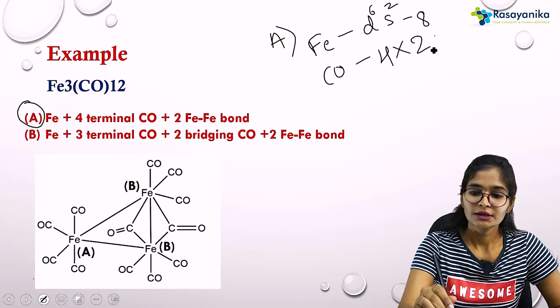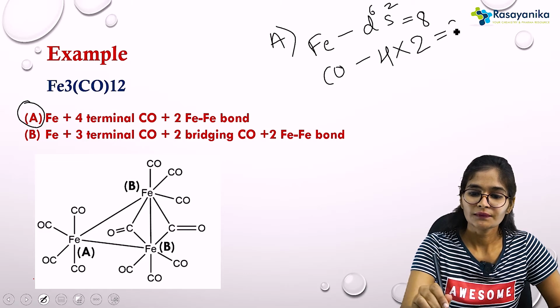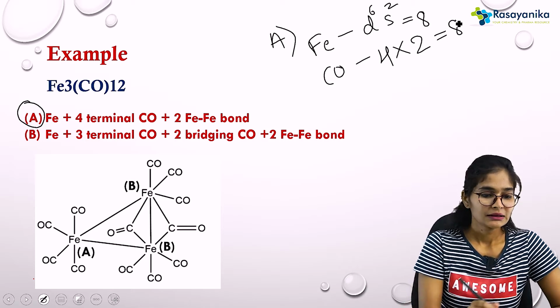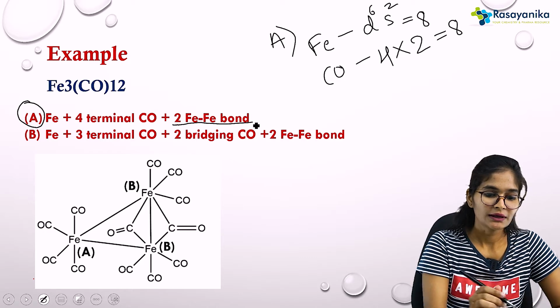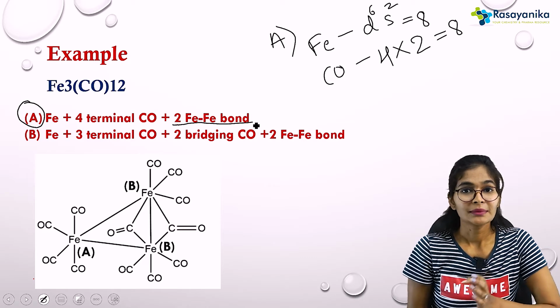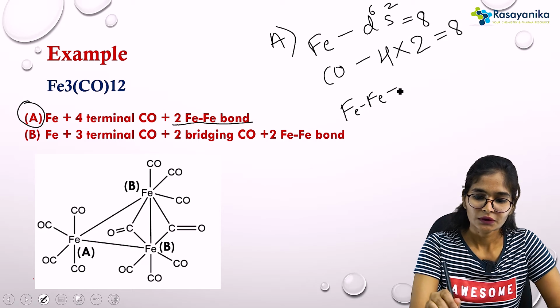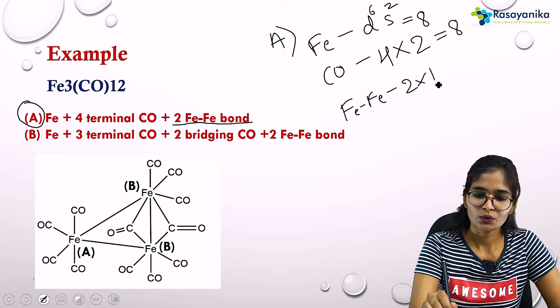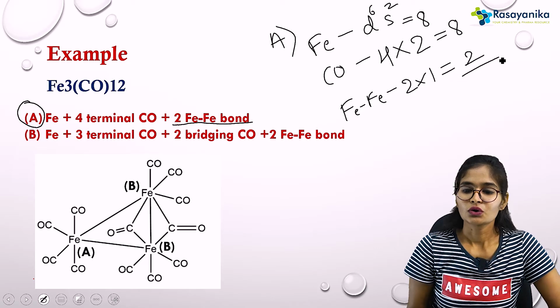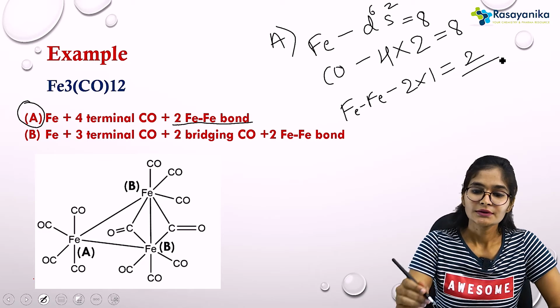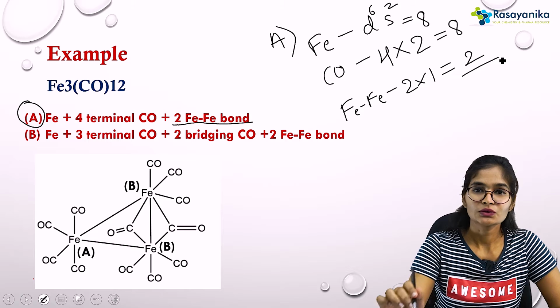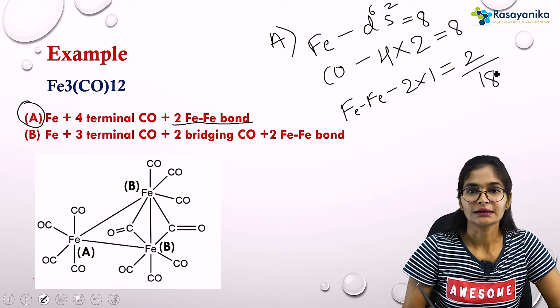So 2 electrons each, then it will be equal to 8, right? And then what else you have? You have 2 Fe bonds, that is metal bonds. Let me mention it as Fe bond. How many? 2 you have, and 1 each, so it will be equal to 2, right? So overall now you can calculate, 8 plus 8 plus 2, it will be equal to 18, right?